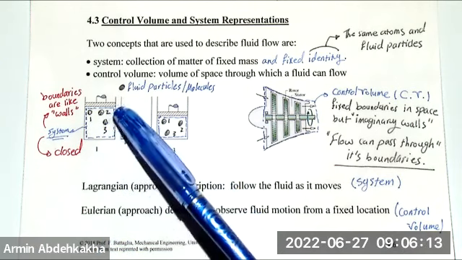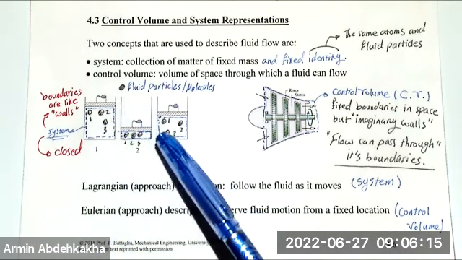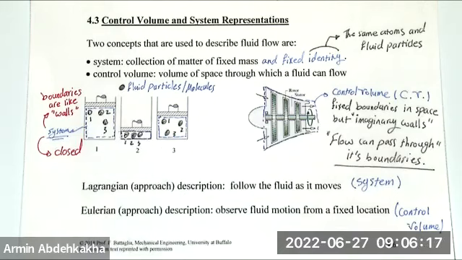As you see, when the state of the fluid changes, the boundaries are moving. Why? Because the fluid particles are moving and you want to move your boundaries to keep those fluid particles inside of the system, right? Because you want to be unique in the identities, you don't want to switch between one particle and another particle.